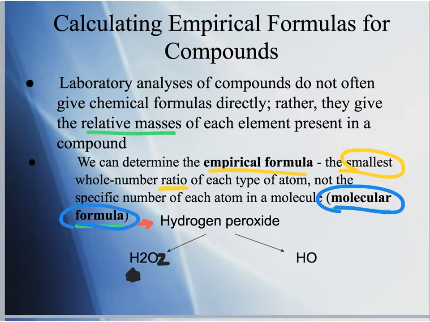Now, if we were to use the smallest whole number ratio, those 2's would cancel out and we'd end up with the ratio HO, one H and one O. So that's the big difference between empirical formula, which is the smallest whole number ratio, and molecular formula, which tells you the exact number of elements in the molecule. Under laboratory analyses, we can typically figure out the empirical formula, the smallest whole number ratio, and we'd have to do a little bit more work to figure out the molecular formula. So let's see how this works.